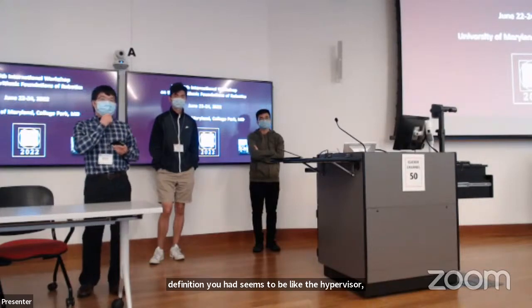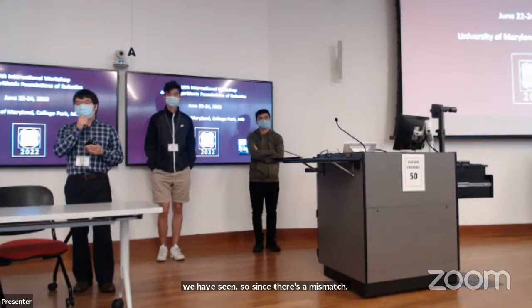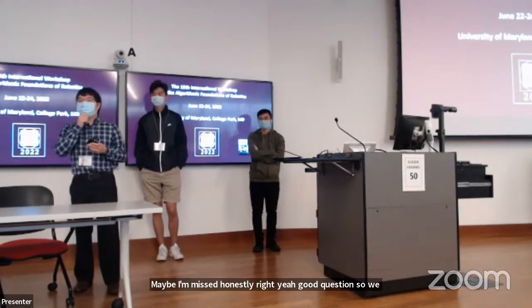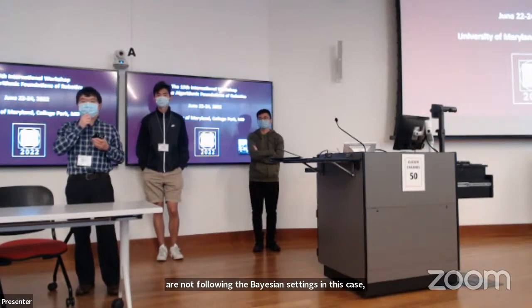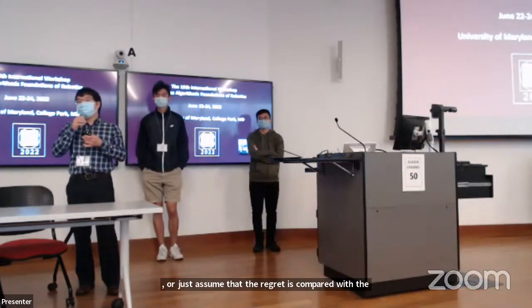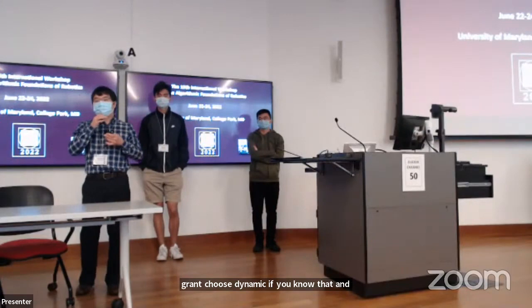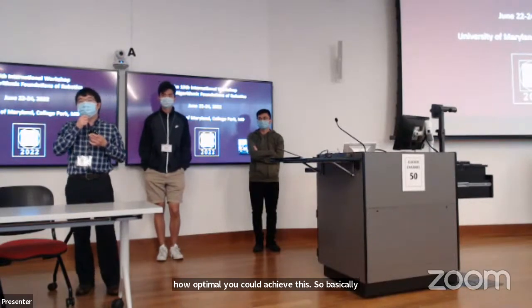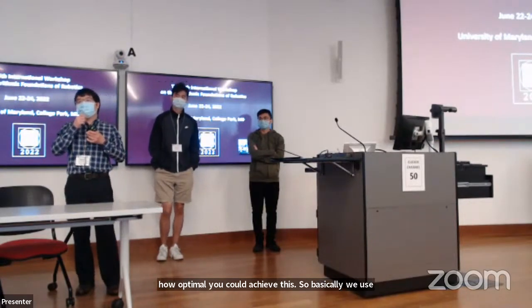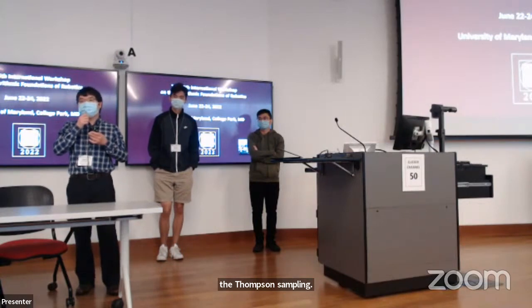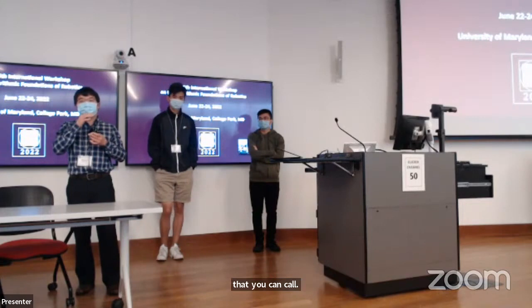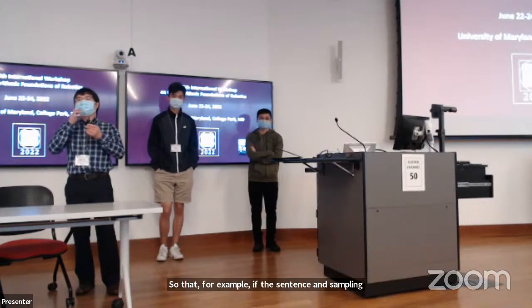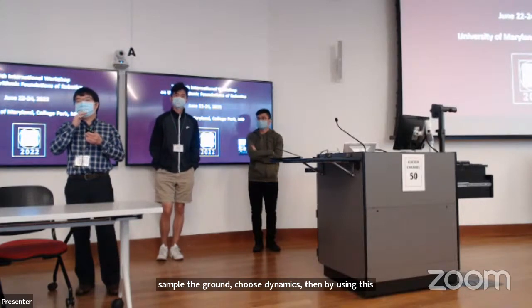Maybe I misunderstood. Right. Yeah, good question. So we are not following the Bayesian setting in this case. We're just assuming that the regret is compared with the ground truth dynamics, if you know that, and how optimal you could achieve. So basically we use Thompson sampling, and also we are assuming you have an optimal planning oracle that you can call, so that, for example, if Thompson sampling samples the ground truth dynamics, then by using this optimal planning oracle, you are able to achieve the optimal performance.